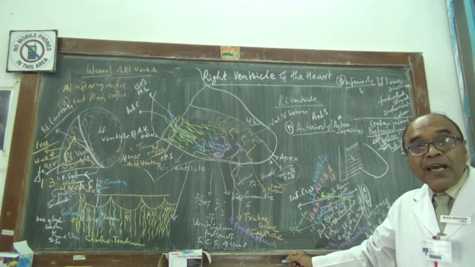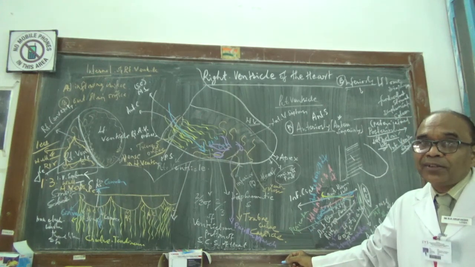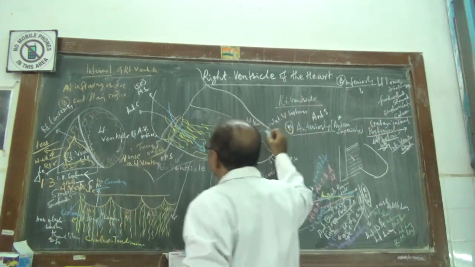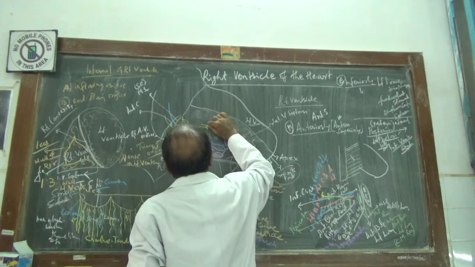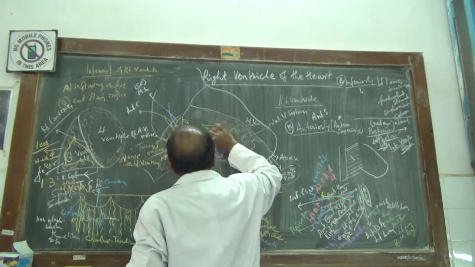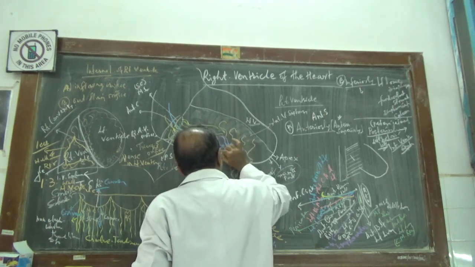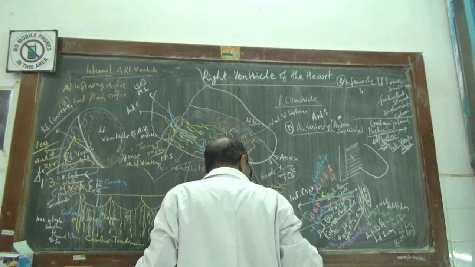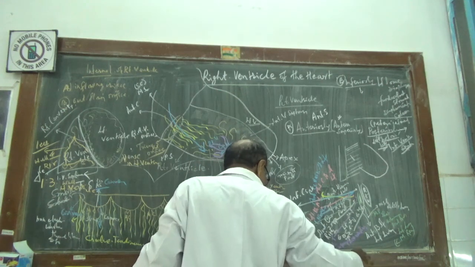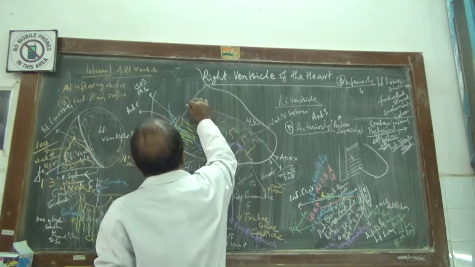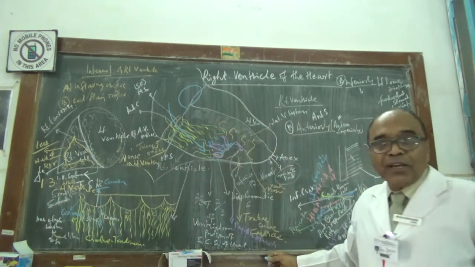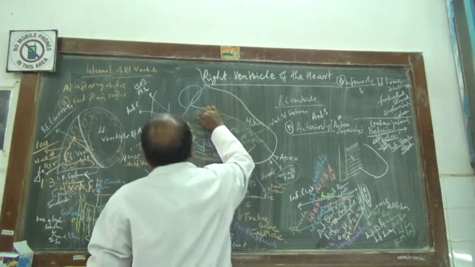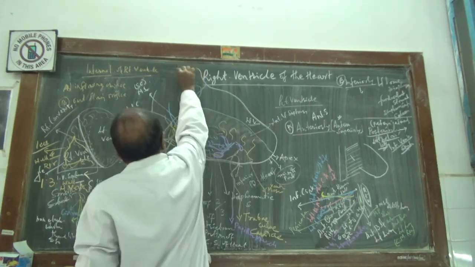Now another phase sets in. Ventricular contraction begins, atrial diastole starts. At that moment, whatever blood has been stored in the right ventricle, which is carbon dioxide rich, is ready to fountain out through the pulmonary trunk.